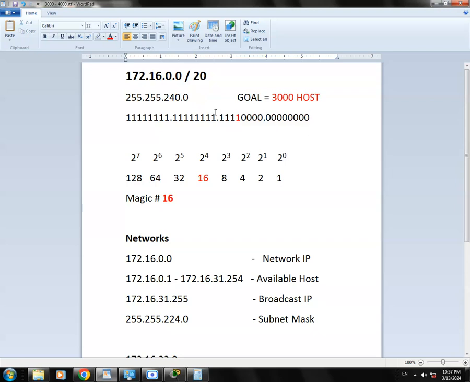Since the magic number is 16, the network should go up by 16, so that we can get these 3,000 hosts. One thing that you always need to remember is if it's a slash 20, the magic number is 16, which falls on this portion, not on this portion.